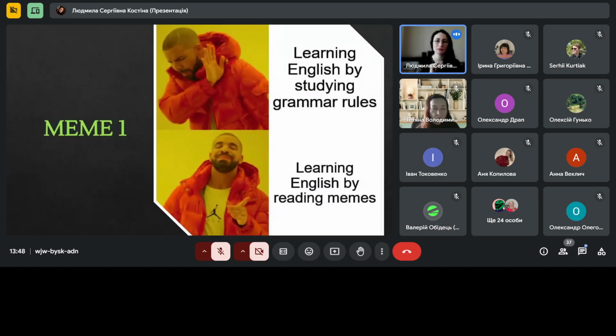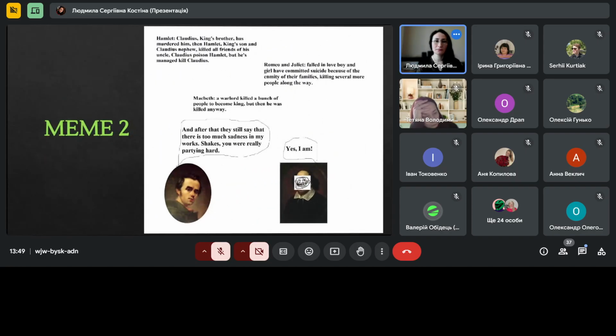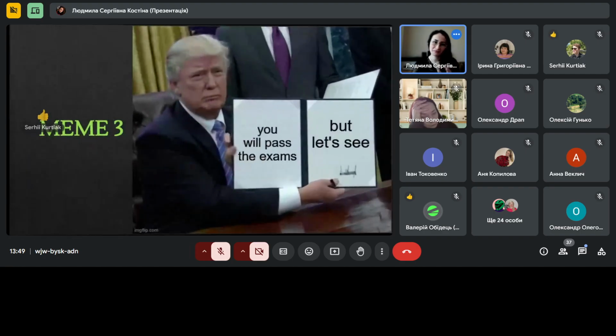So, meme 1. If you like it, make a note, meme 1, or just bear it in mind. Meme 2. If you like it, bear it in mind. I'll give you a few seconds just to think it over.